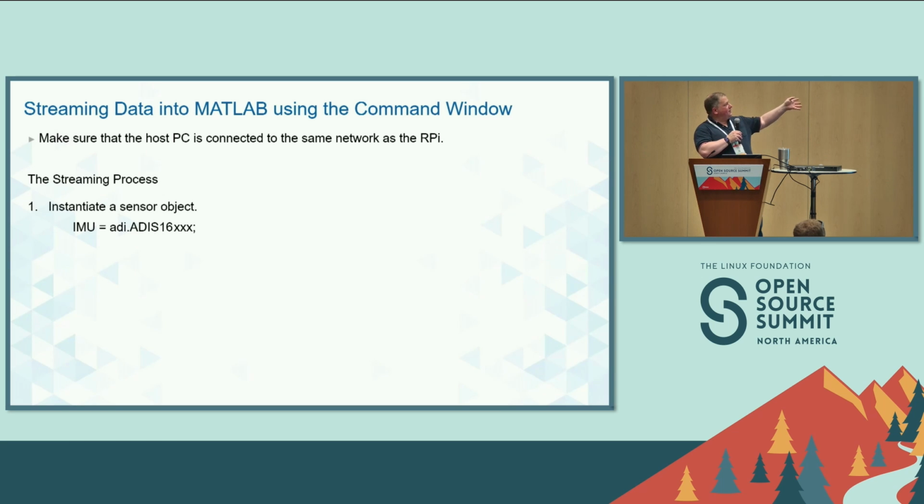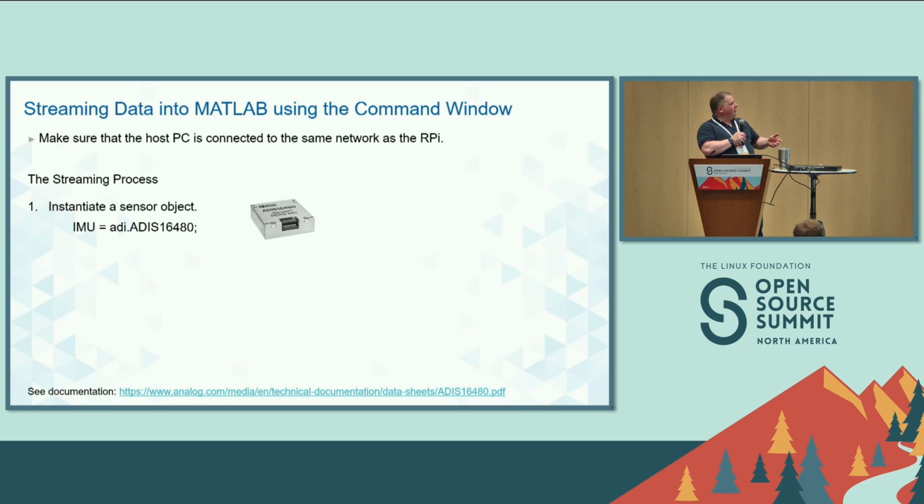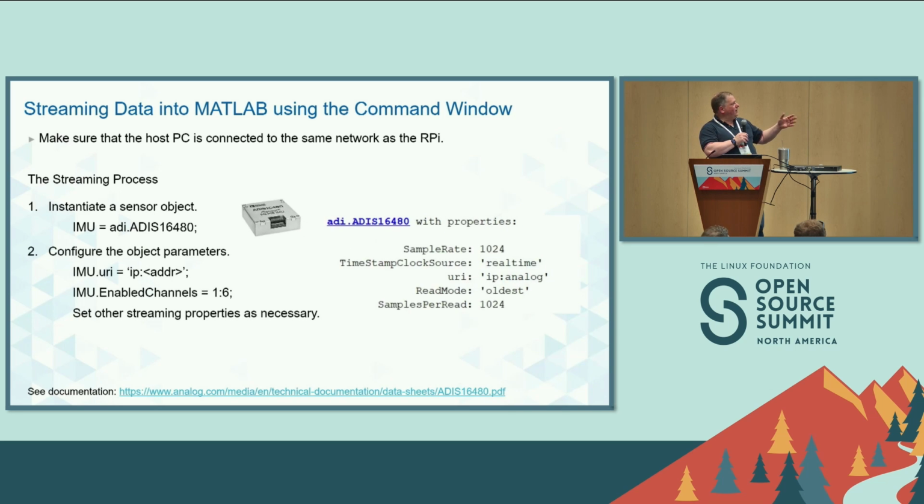So here we instantiate an object, which is IMU equals adi.ads16480, which is the device. That'll instantiate the MATLAB object. Then we configure the object parameters, which would be the URI, the number of channels, because there's a variety of channels inside the IMU, and we're only going to capture the accelerometers and gyros, and then set it up for number of samples and those kinds of things.